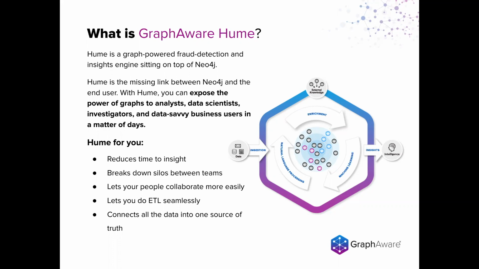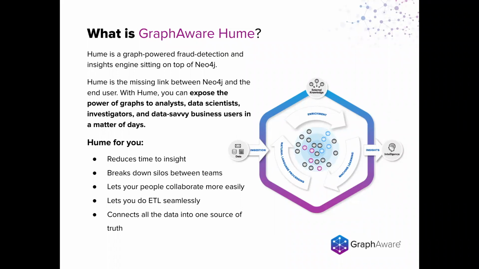So the key benefits we're talking about here when it comes to fraud detection is reduced time to insight, meaning obviously that fraud can be detected faster, breaking down silos between teams, and thus letting people collaborate more easily, doing ETL seamlessly, so extracting, transforming, and loading data is very easy thanks to Hume.